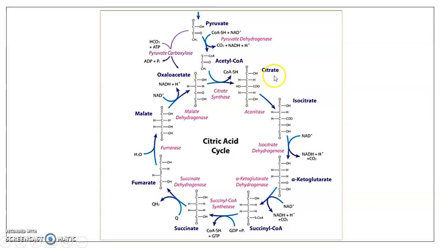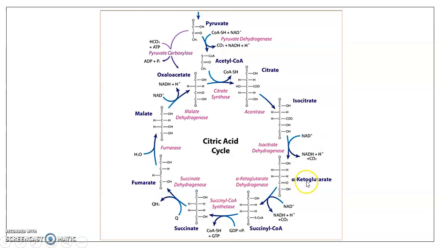The 2-carbon acetyl coenzyme A condenses with 4-carbon oxaloacetic acid, resulting in the formation of 6-carbon citric acid. The citric acid gets isomerized to form isocitric acid, which undergoes oxidative decarboxylation to produce alpha-ketoglutarate, right?